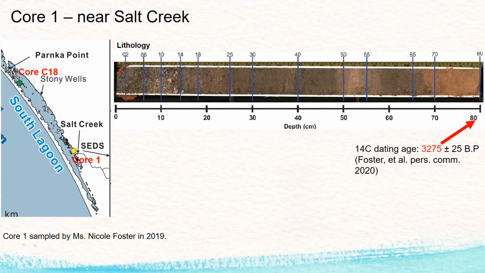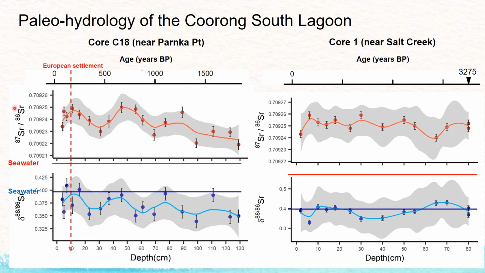The core 1 near the Salt Creek was sampled in 2019 and is 80 centimeters long. Unfortunately, it only has 1 radiocarbon dating age, at the bottom indicating about 3200 years BP.